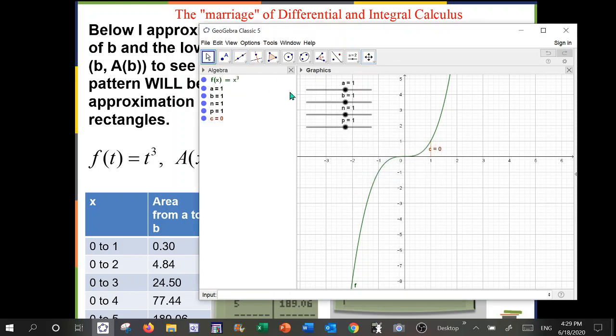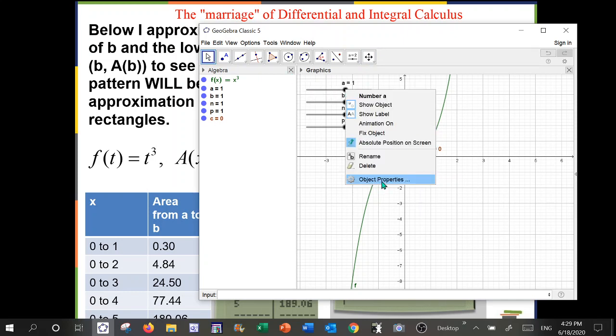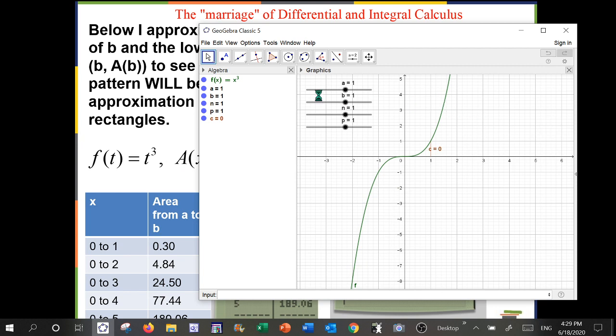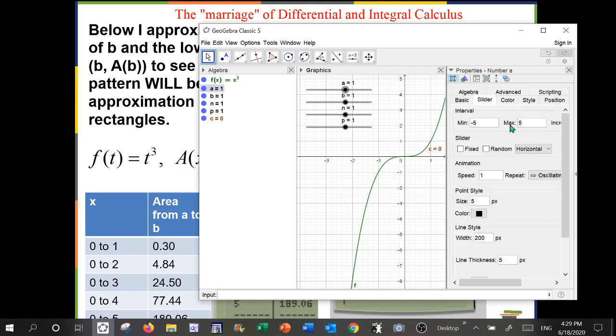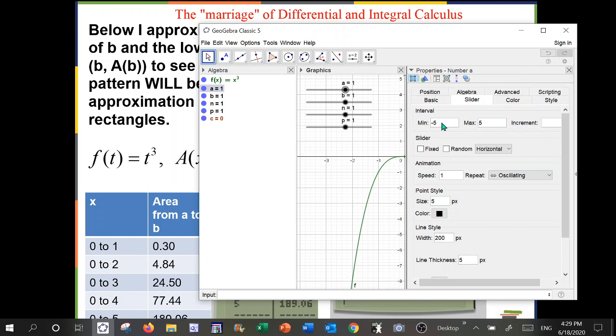And what I'm going to do now is fix A. So I have to give it some values. I right click on it, and over here you can set up the values for A. So I'm going to go with a step of 0.1 for my A, so it goes from -5 to 5 in steps of 0.1.